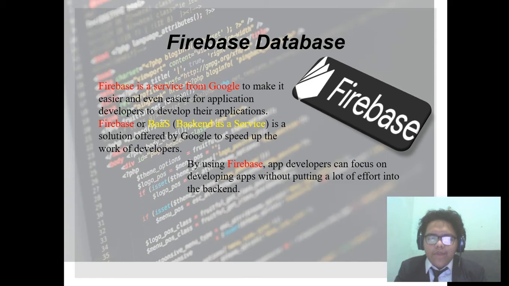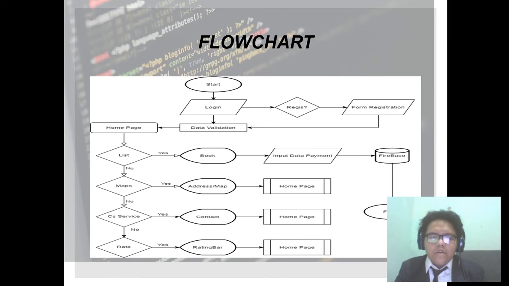By using Firebase, app developers can focus on developing the app without putting a lot of effort into the backend. In this project, we are using Firebase to store the account data, the login and register, and also the payment page. So next is the flowchart.